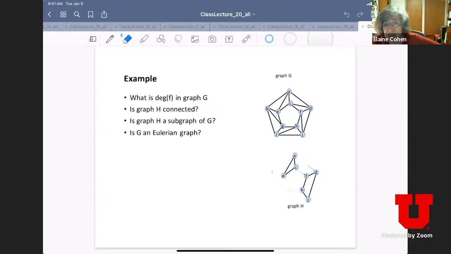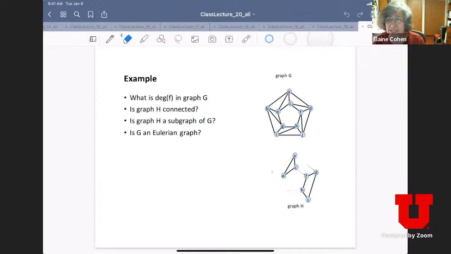Is G Eulerian? How would I know that? You have to count the number of edges incident on all 10 vertices. Is CF supposed to exist? No, CF doesn't exist. I'm sorry, my drawing is lousy. You say it looks Eulerian.